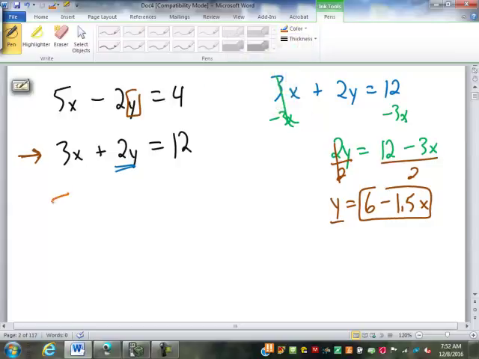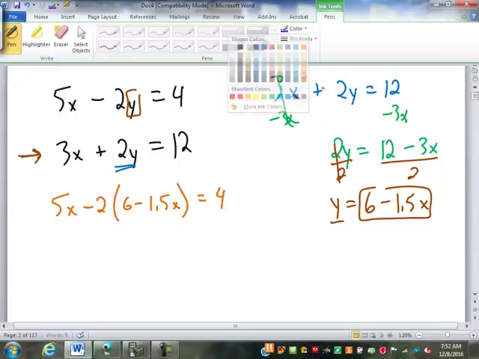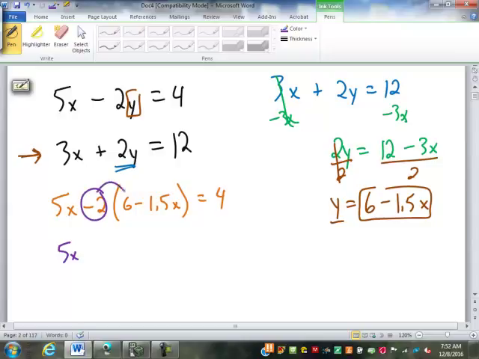So that's going to be 5x minus 2, but instead of y, I'm going to put in 6 minus 1.5x. And then we're going to multiply through by the negative 2. Negative 2 times 6. Well, negative 2 times negative 1.5x is 3x.